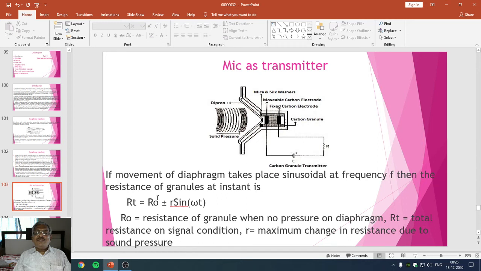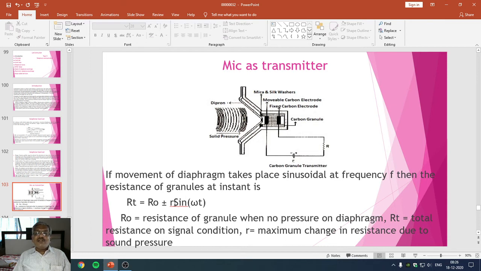R0 is the resistance of the granule when no pressure is exerted on the diaphragm. Means when no sound signal is incident on the diaphragm, the resistance of the carbon granule is R0.